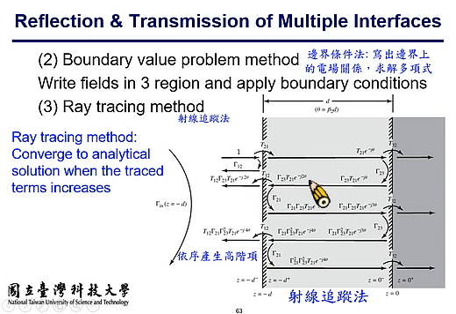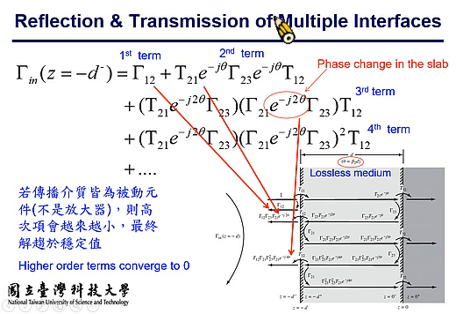The last factor is the propagation delay due to going forth and going back. Here you have the third term: you can trace the path of each propagation. It goes in through transmission, reflects again, and goes out as the third term, and so on and so forth. You can have higher order terms sequentially: the first term, second term, third term, fourth term.